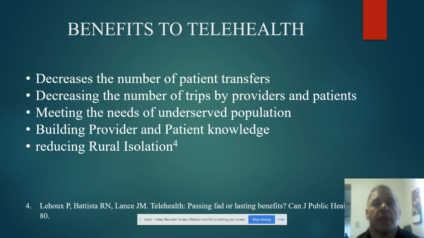So it's also going to decrease the number of trips by the provider and the patient. Basically, the provider's not going to have to go seek out that specialist in order to get additional information from him. It's going to be right there, available via either webcam, telephone consult, something of that nature.